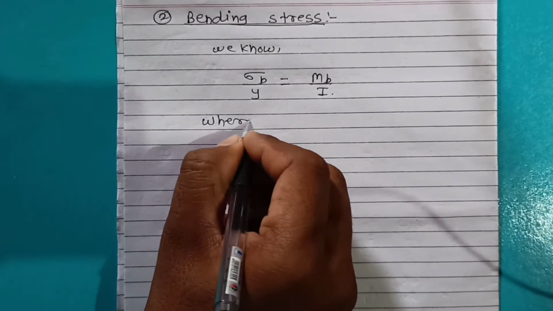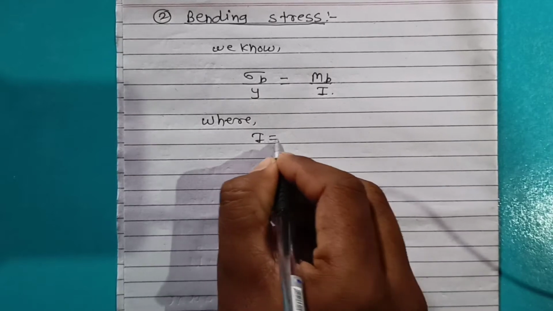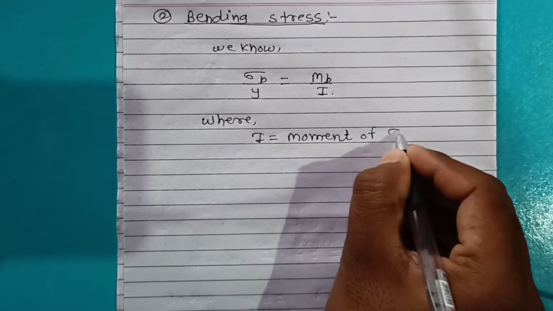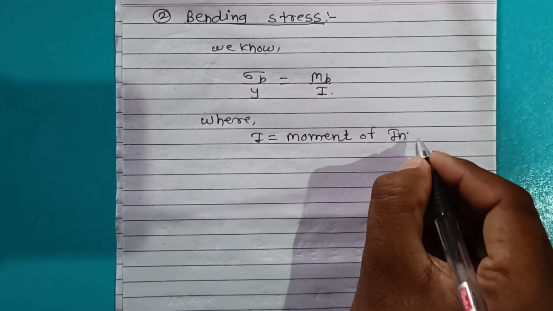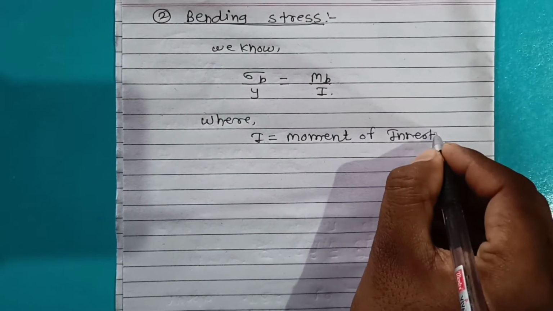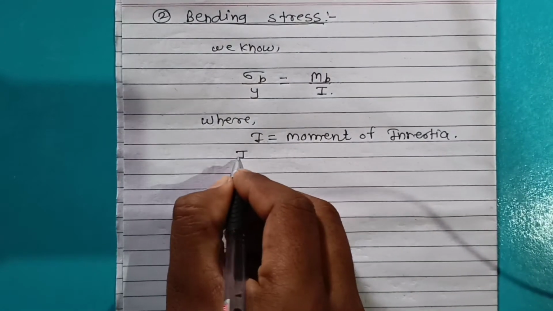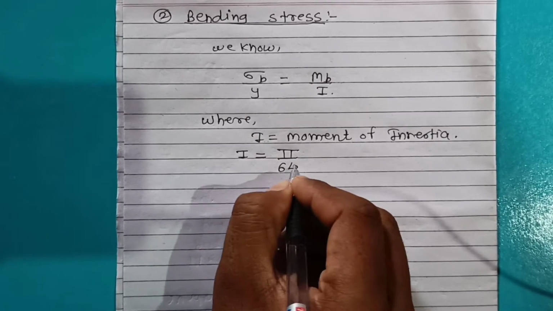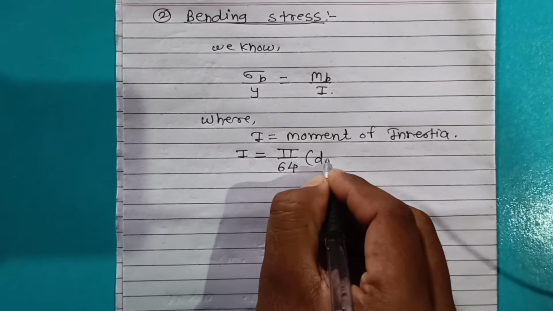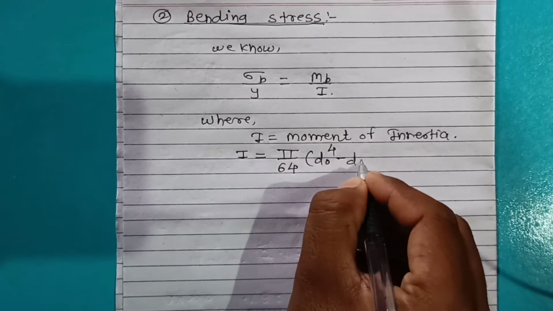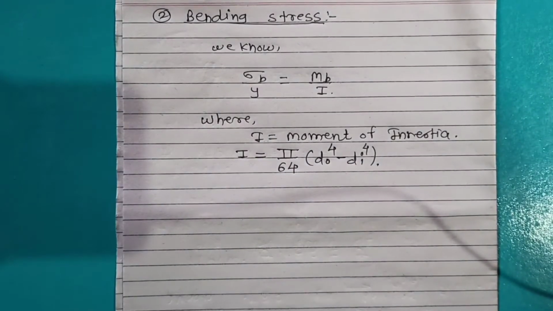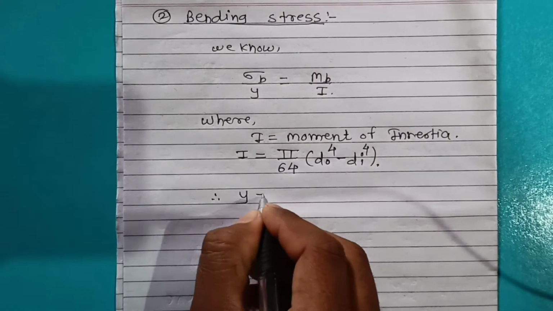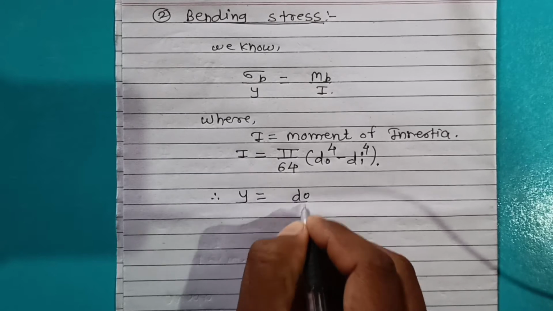The formula for I for circular cross section area is pi by 64 into (DO raised to 4 minus DI raised to 4), and the value of y is DO by 2.